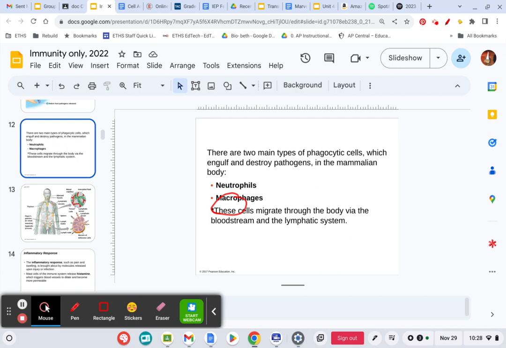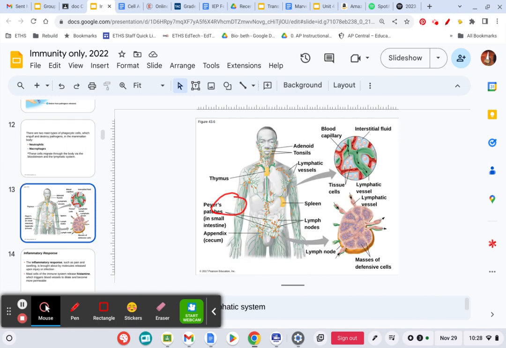Okay. So the lymphatic system is a series of tubes, vessels, that run parallel to your circulatory system. They run right next to all your blood vessels, your veins, your arteries, your capillaries. There are these little lymphatic vessels right next to them.